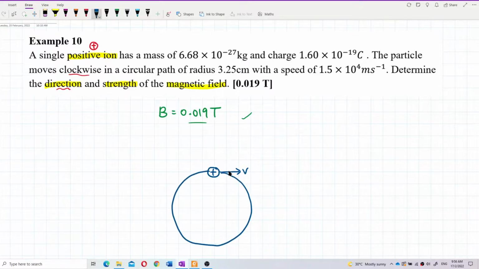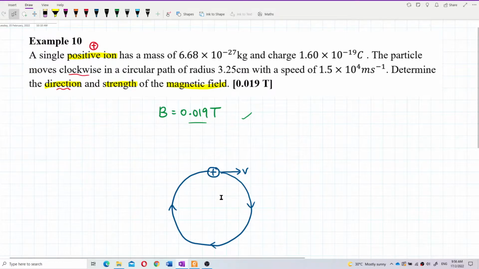So I draw the circular path first. Now I want to determine the direction of the magnetic field. Is the magnetic field going into the page or going out of the page? How do you know?